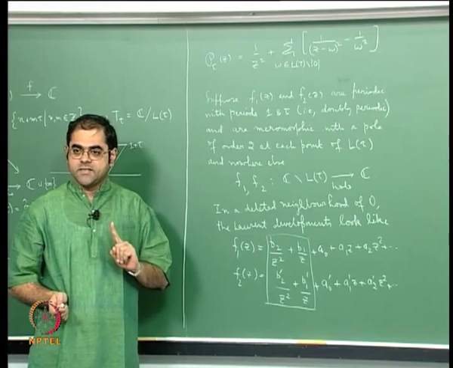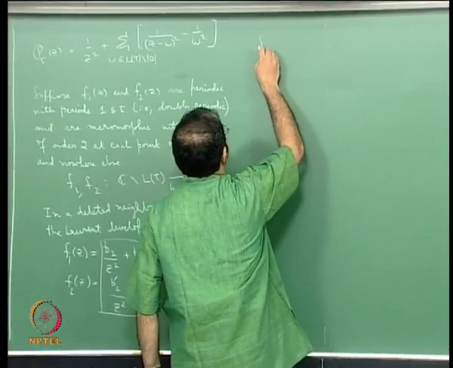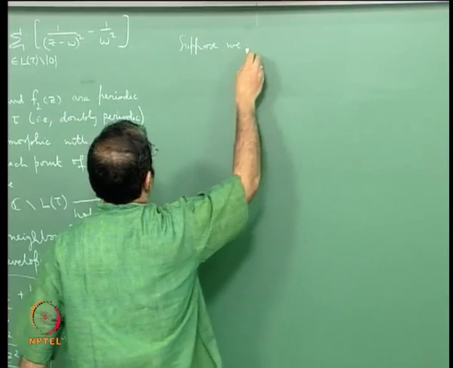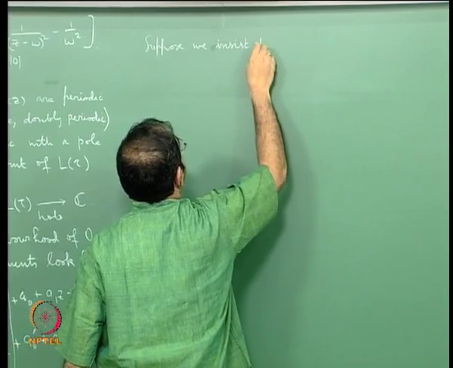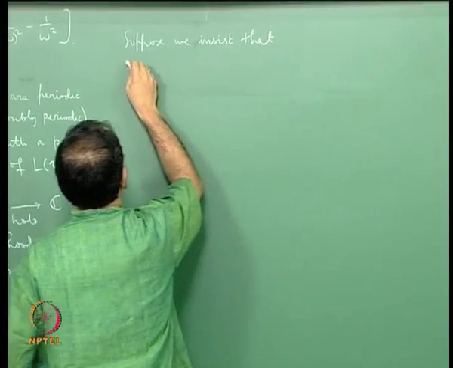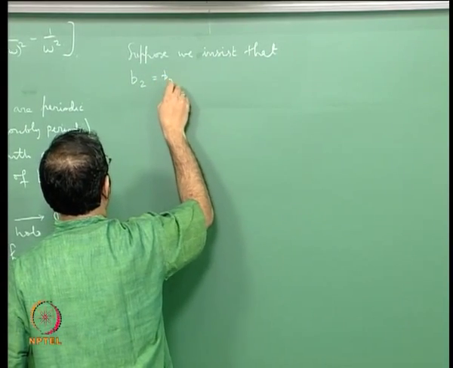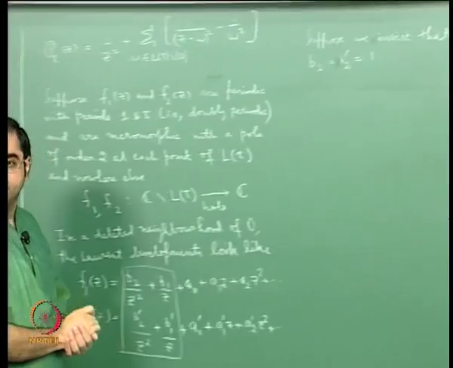So suppose we insist that b2 is equal to b2 prime is equal to 1.